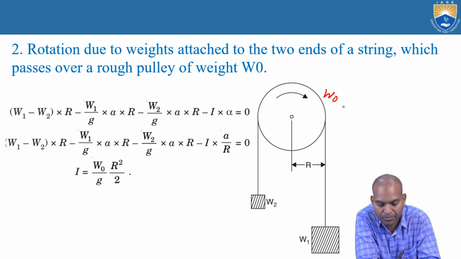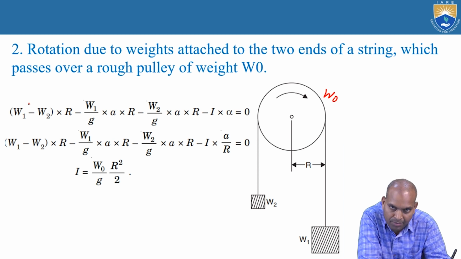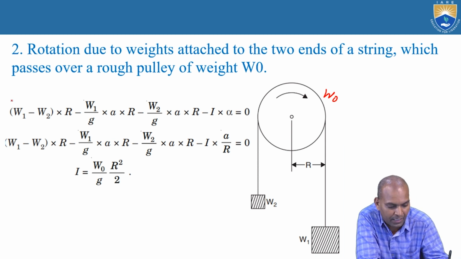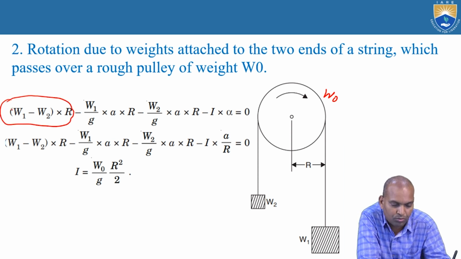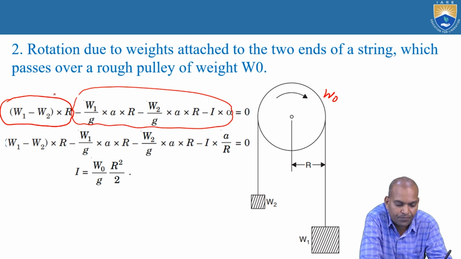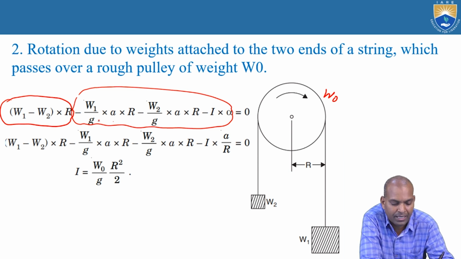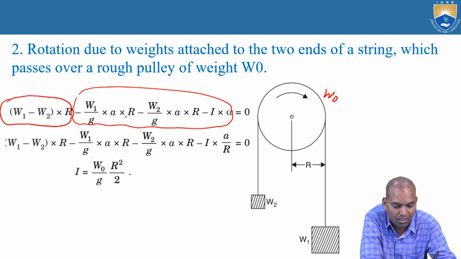By applying D'Alembert's principle with the same methodology, the net external torque equals the inertia torque, or reverse effective torque. After substitution: W1 minus W2 times R, minus W1 by G, A times R, minus W2 by G, A times capital R, minus I alpha.